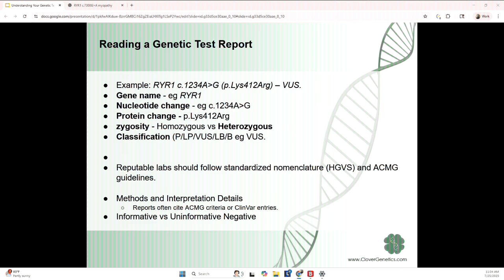On these reports, in addition to that basic information, many will provide things like population frequency, predictive algorithms, as well as functional lab studies, previous case reports, or other evidence that may contextualize the report and why they classified it as, say, a VUS versus likely pathogenic versus pathogenic.